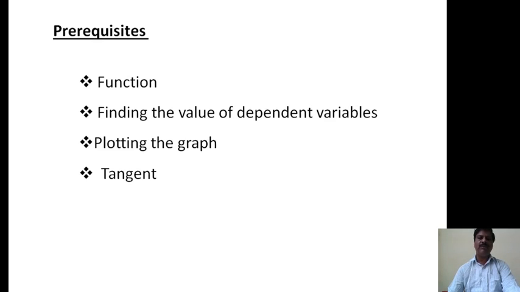A variable whose values do not depend on another is called an independent variable, and a variable whose values depend on another is called a dependent variable. The relationship between them is called a function.